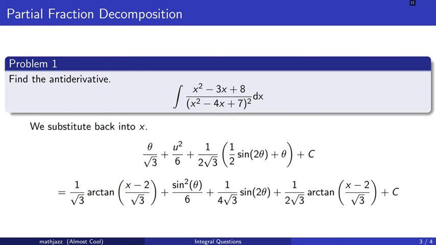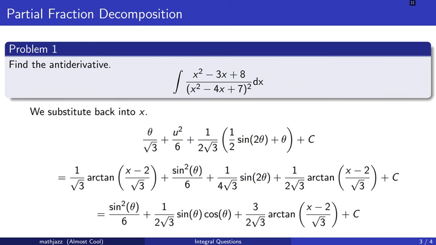So we can make that substitution and get rid of this theta over the square root of 3. u squared, well, u was sine of theta, so u squared is going to be sine squared of theta. And the next one, the theta, of course, again, is the arctangent of x minus 2 over the square root of 3. I distributed this 1 over 2 square root of 3. And now we just have to worry about the sine squared theta and this sine of 2 theta.